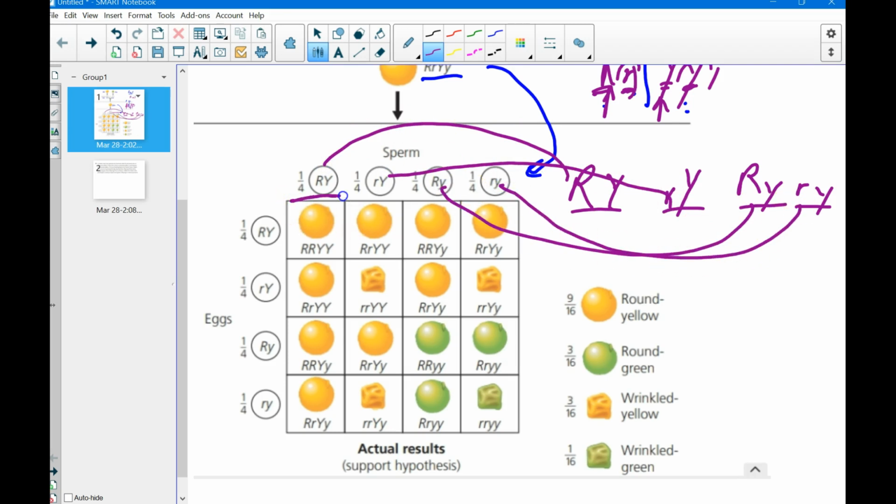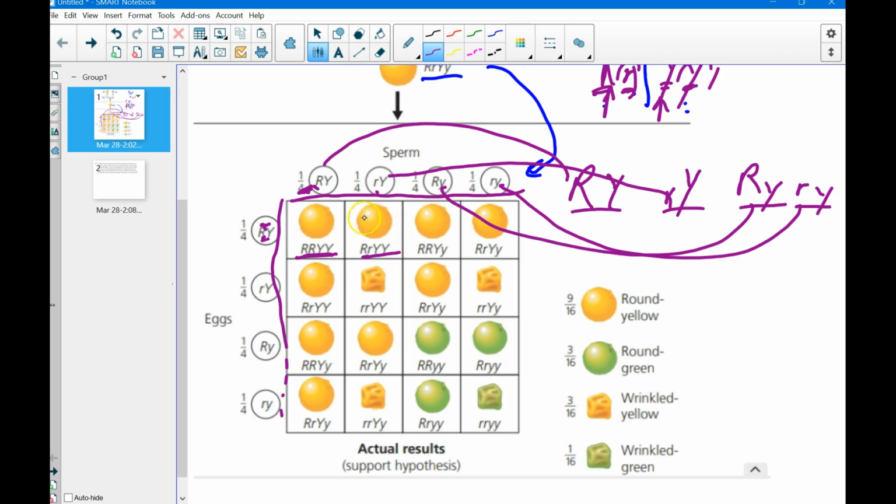Once you have them lined up across the top, just line them up down the side, and you're off to the races. Then it looks like a times table, a multiplication table, where you take this one, times it by that one, and you get this. So you get big R, big R, so you get two big R's, two big Y's. Here we get a big R and a small r, two big Y's.